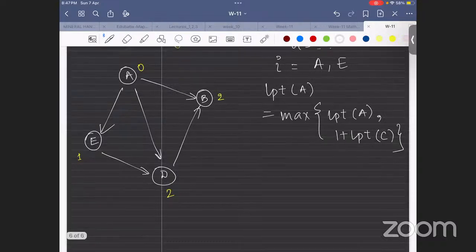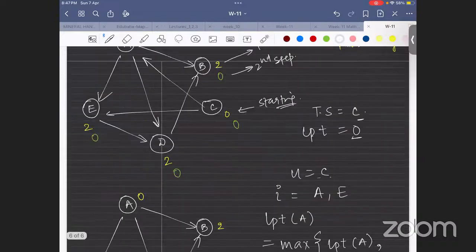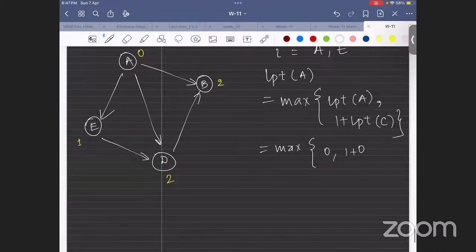LPT to A, the longest path to A now, is 0. And 1 plus LPT to C, that is 1 plus 0. So this would be maximum of 0, 1. So this is 1.